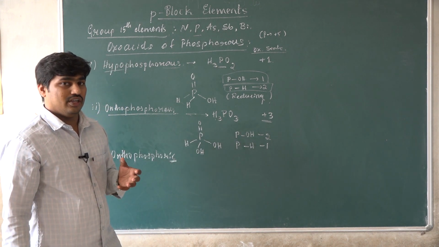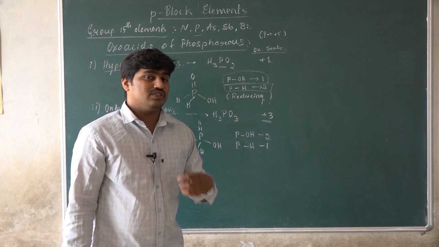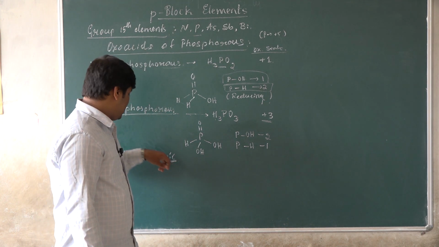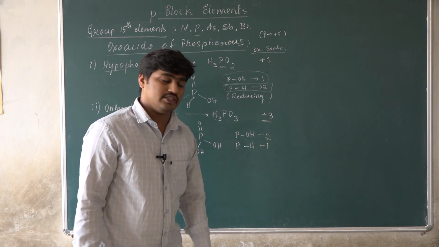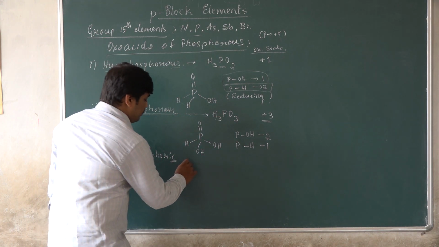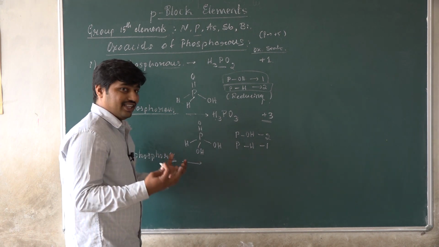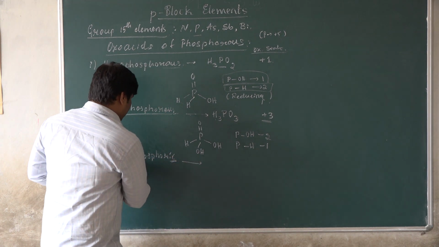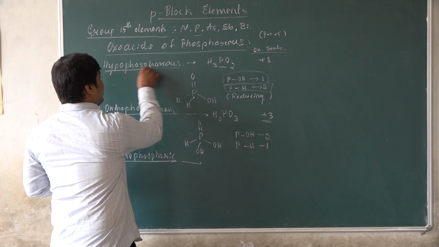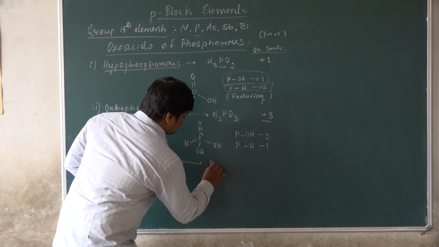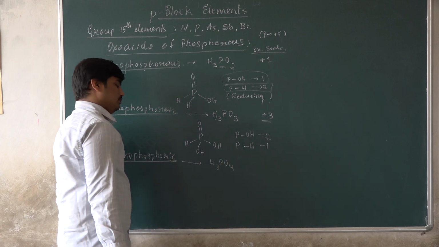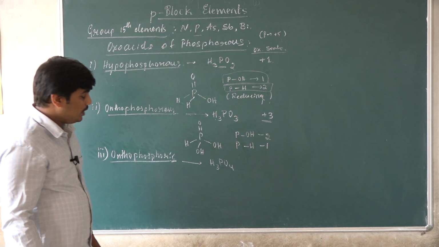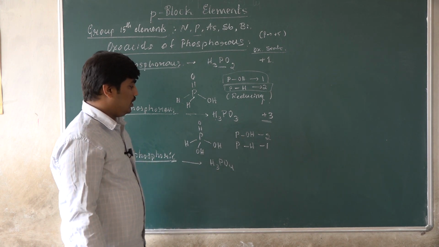The reason for using the suffix IC is that in this compound phosphorus shows its maximum oxidation state. And what is the formula? Now I think you get the idea. What may be the formula of the compound? It is H3PO4. H3PO4 is the formula.